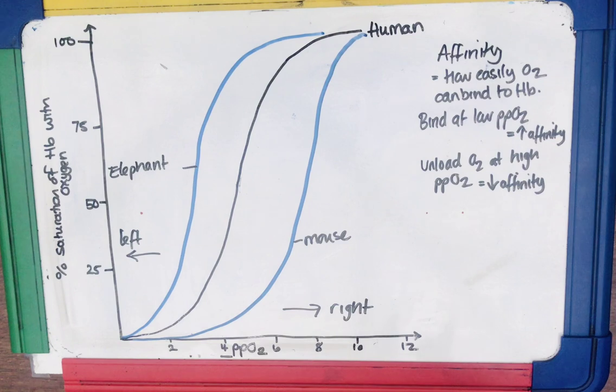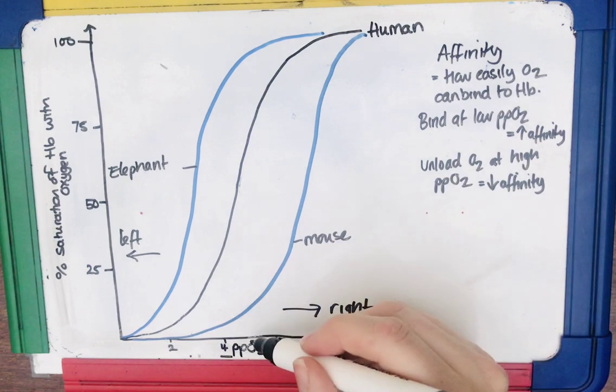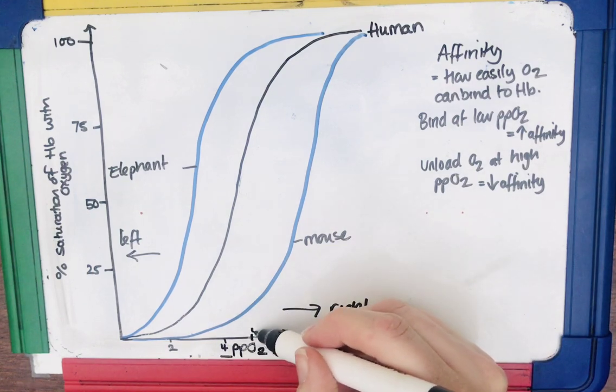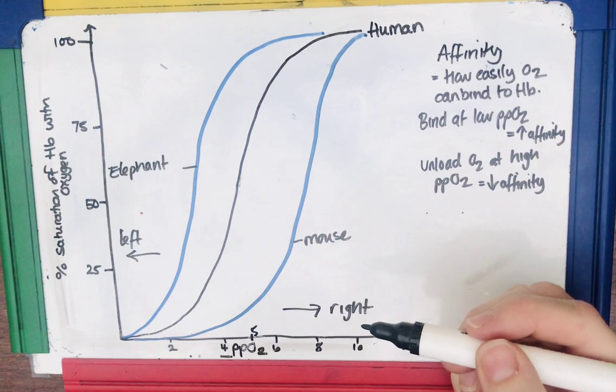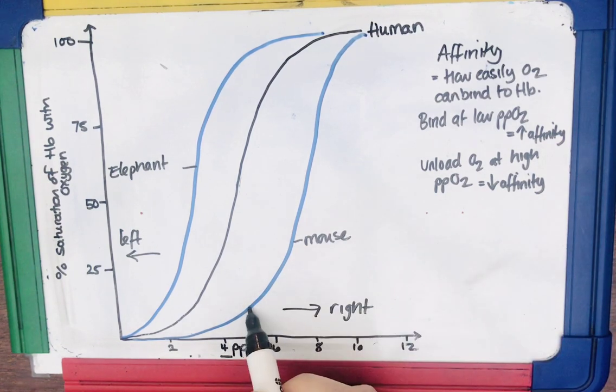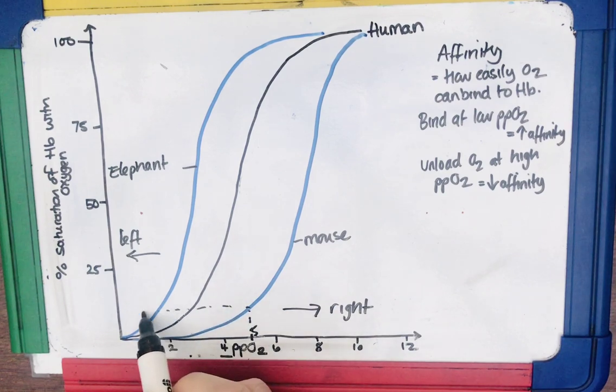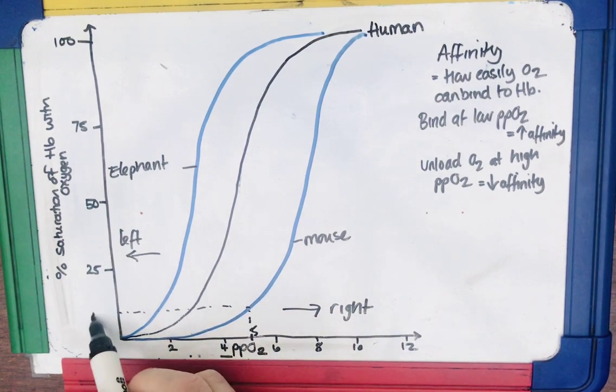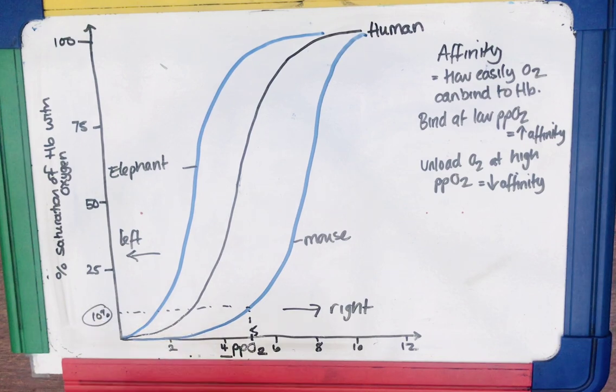Okay, let's just have a look in detail at these curves. So at 5 kilopascals partial pressure of oxygen, if we just follow this up, the mouse haemoglobin is about 10% saturated.